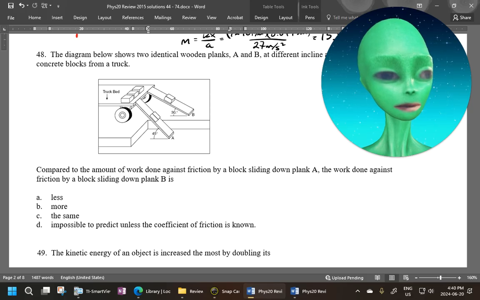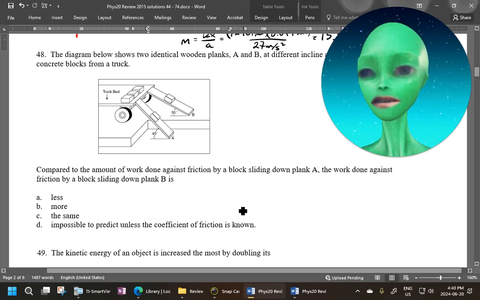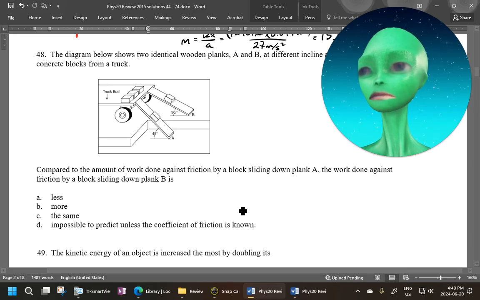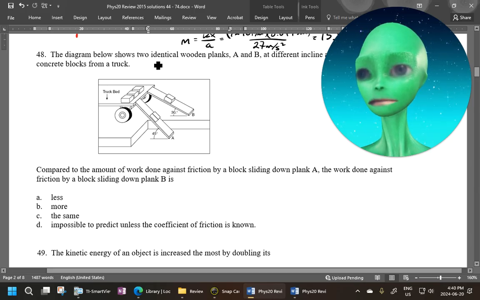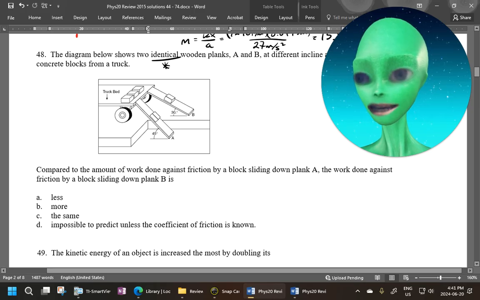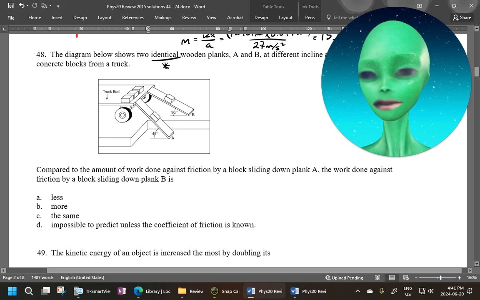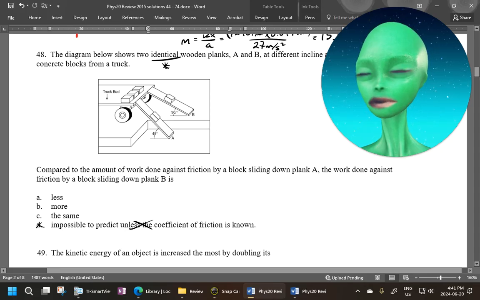It'd be impossible to know unless we know the coefficients of friction, because I don't know if these planks are identical. Oh, the two identical wooden planks. Never mind then. All right. So these are identical, so the coefficients of friction would be the same. Right? So we should be able to figure this out.